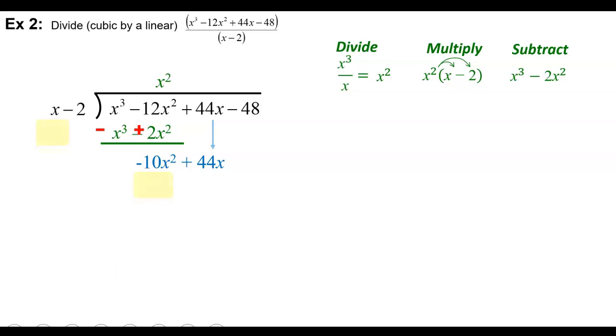So we're doing negative 10x squared divided by x. Now careful here. Negative 10, no number on the bottom, so you got to keep the negative 10. And x squared divided by x, 2 minus 1, gives me what? 1x. So negative 10x is going to be what I get when I divide.